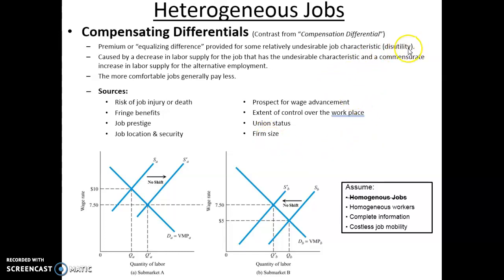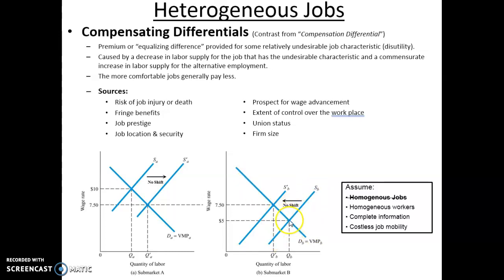that we don't like. What this does in our model is it causes wages to stay high in the job that is undesirable. So in submarket A, for example, we started out at the intersection of supply curve here and demand curve here. Wages were high. And in submarket B, we started out at this supply curve and this demand curve.